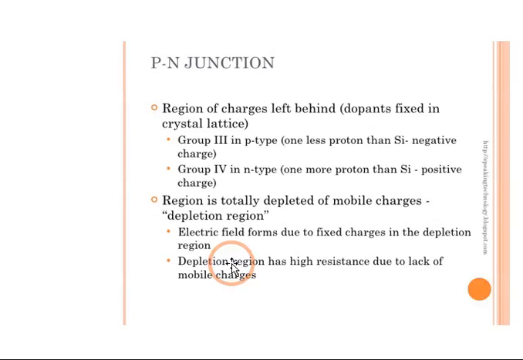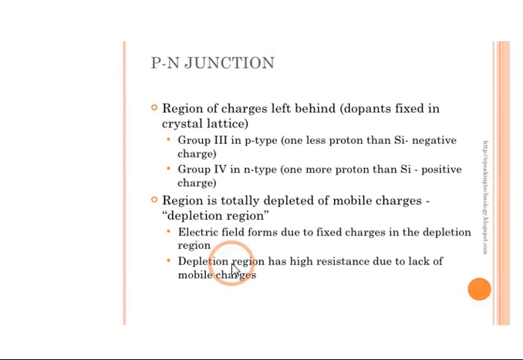The diffusion of carriers across the junction and the resultant accumulation of positive and negative charges across the junction builds a potential difference. This potential difference is called the potential barrier. Free charge carriers cannot be present in a region where there is a potential barrier.